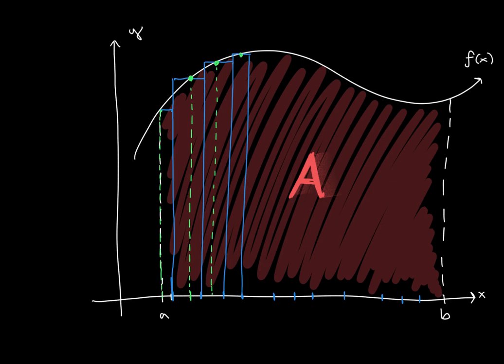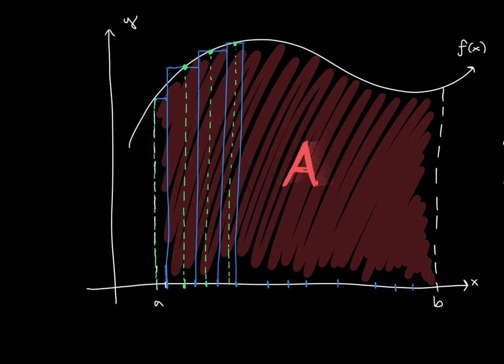A tag in each of the subintervals is simply some place where you take the rectangle's height. So these are all tags. For instance, in this picture, this would be x sub 1, because a is x sub 0. This would be x sub 2, this would be x sub 3, and this would continue.